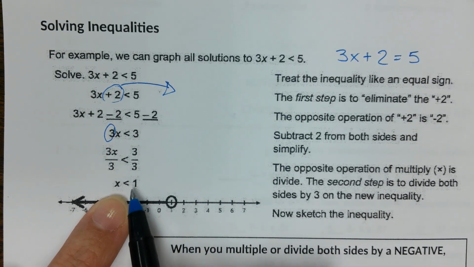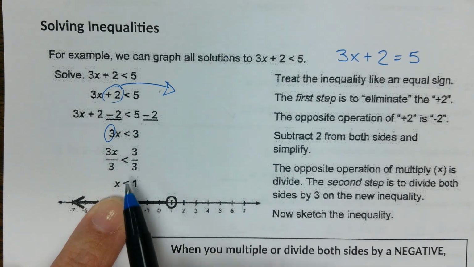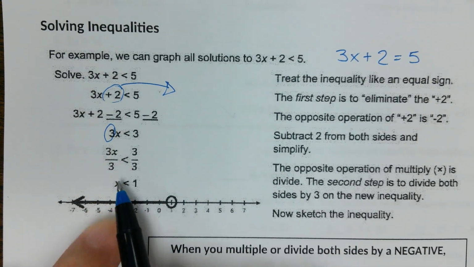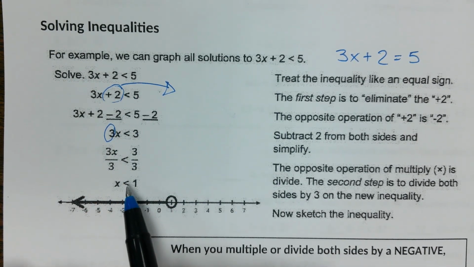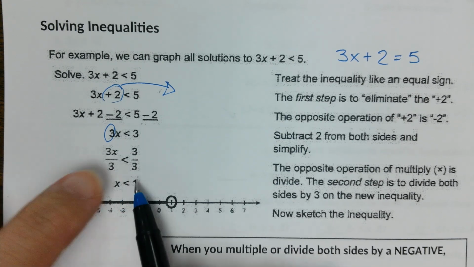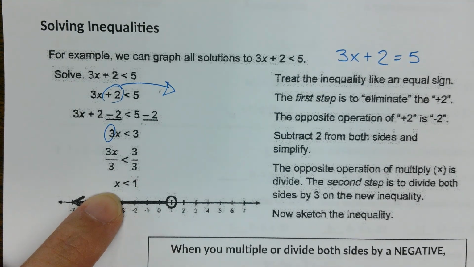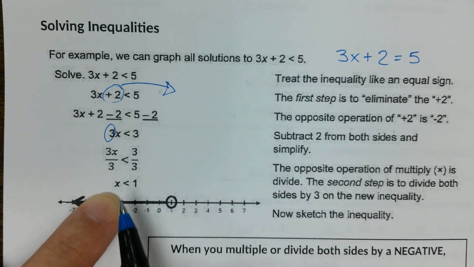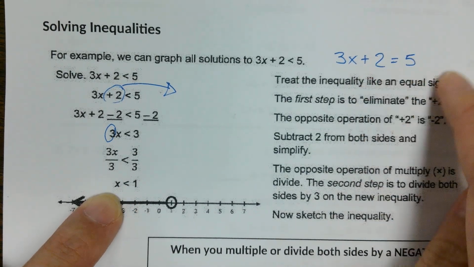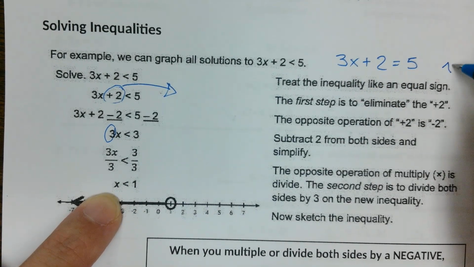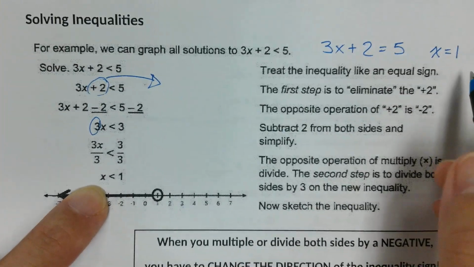So, exact same thing. It's just that instead of an equal sign, now I'm going to write the less than or greater than symbol. So in this case, how many answers do I have? When it's an inequality? If I solve with an equal sign, I only have one answer, x equals 1.